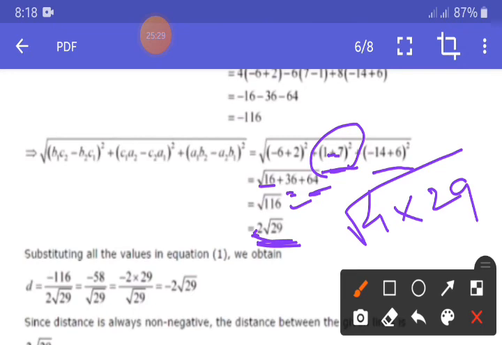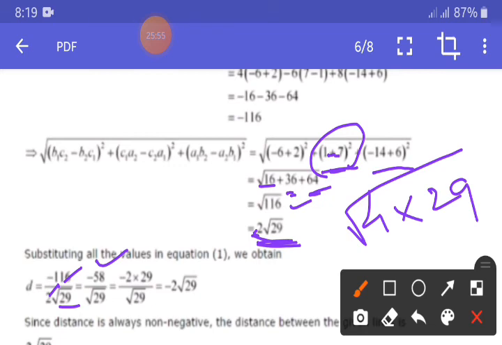Substituting all the values in equation number 1, we obtain d equal to minus 116 by 2 square root of 29. Cancelling, we get minus 58 by square root of 29.